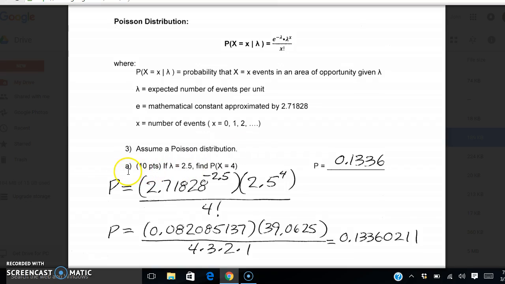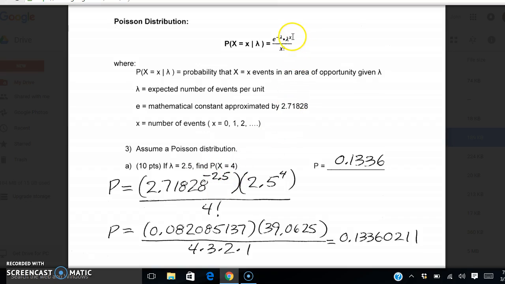We're told in section A that lambda is 2.5, and we are looking for the probability that x is equal to 4. So we plug these values in. We notice that the e is to the exponent minus lambda. That's your first piece of the equation. The e is 2.71828, and you have the exponent of minus the lambda, which is minus 2.5.